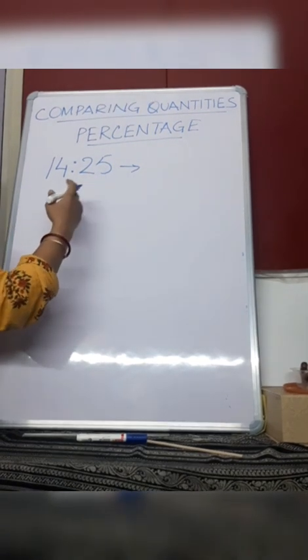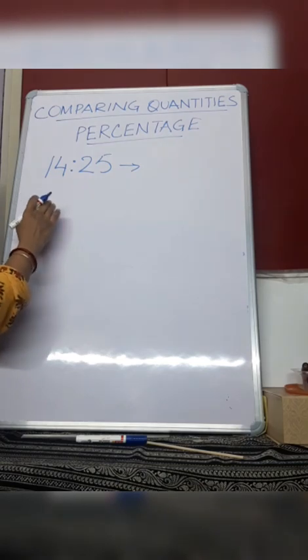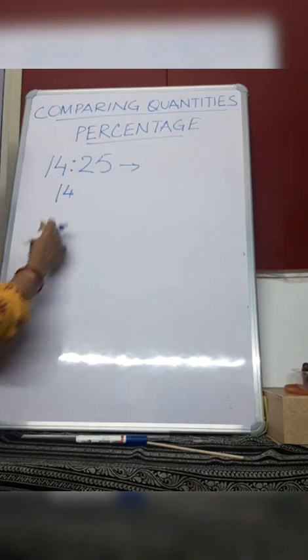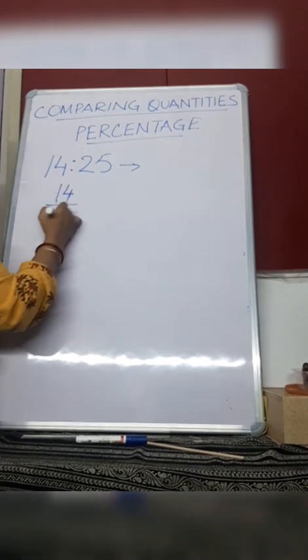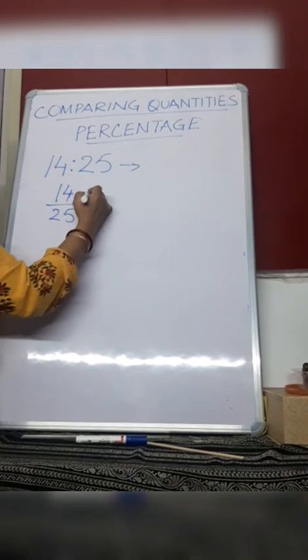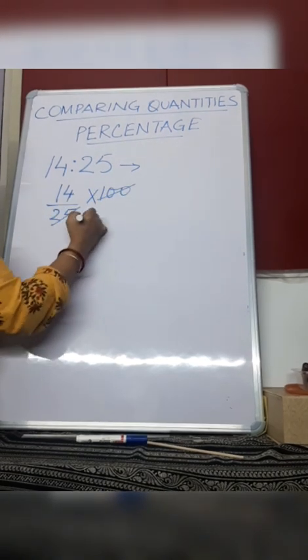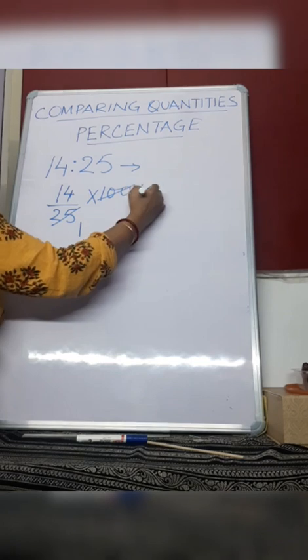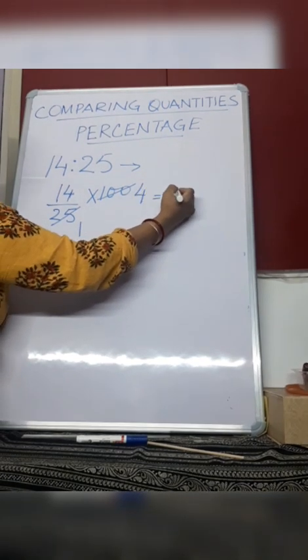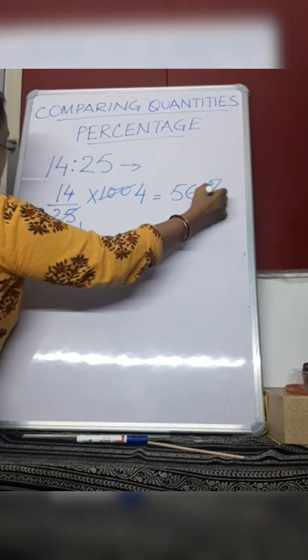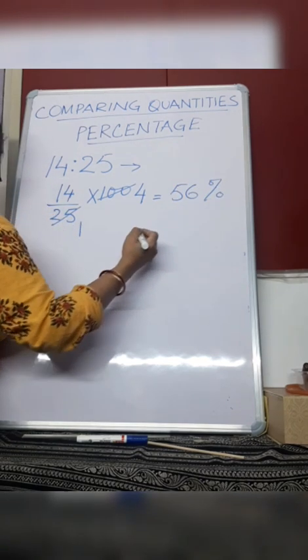Ratio into percentage we have to change. So first we will multiply the fraction by 100. First write in fraction form. Then multiply by 100. We can cancel it. 25 ones are 25, 25 fours are 100. Then we multiply, and then we put the sign of percentage.